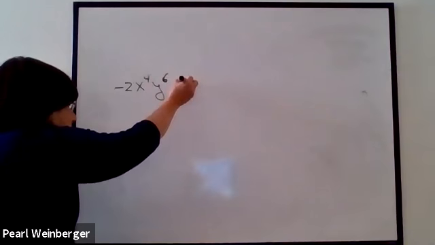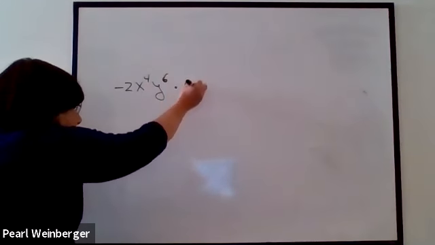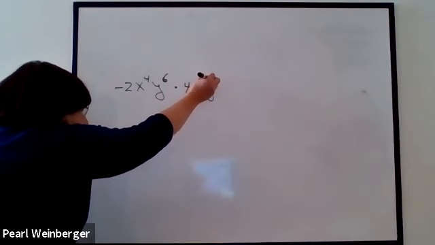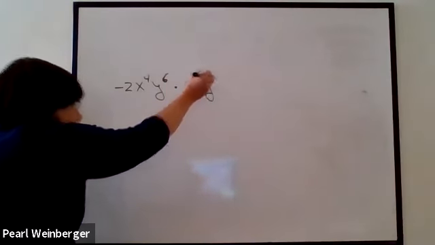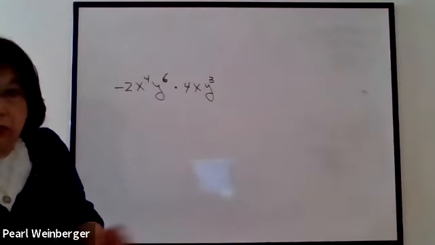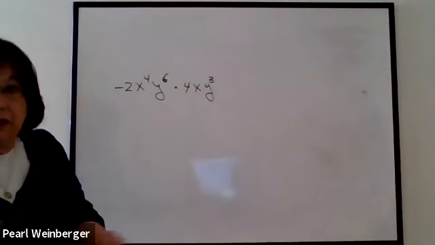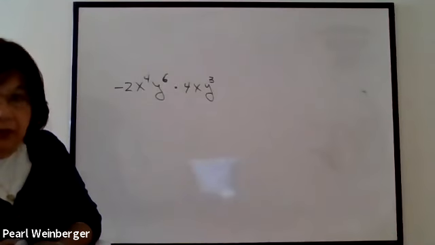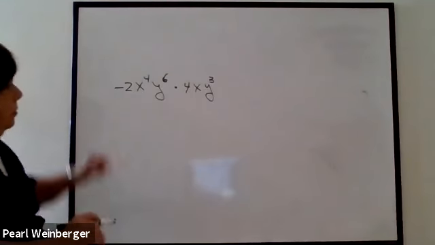Suppose I have times 4xy³. These are two monomials. We know they're monomials because everything is connected just with multiplication. There are no pluses or minuses in the middle there.